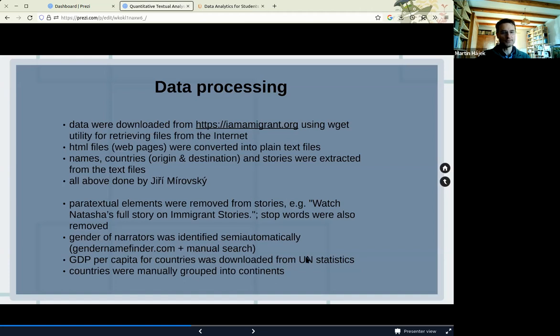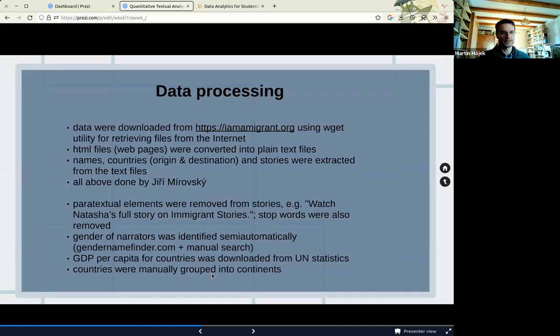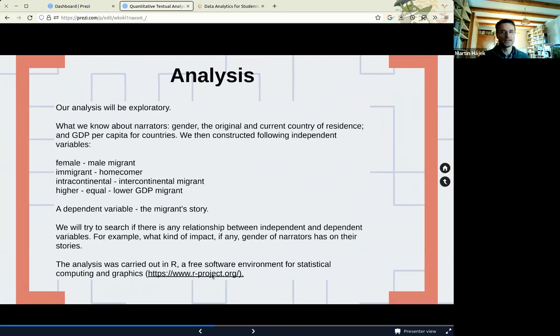I used United Nations statistics, and I attributed to each country the level of GDP. And I also clustered countries into continents for doing analysis of transcontinental and intracontinental migrants. So this was preparing data and variables for the analysis.